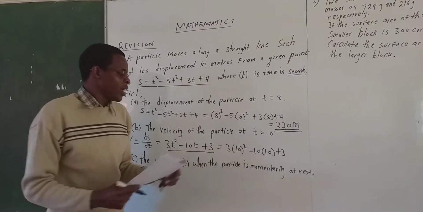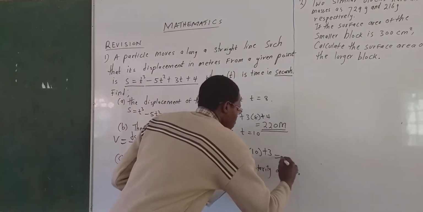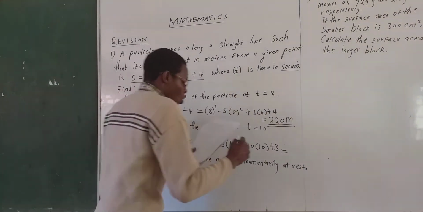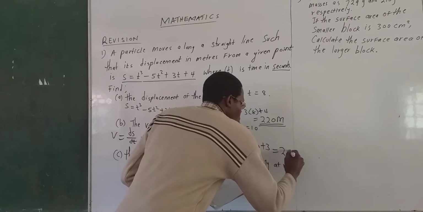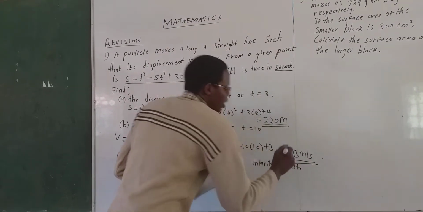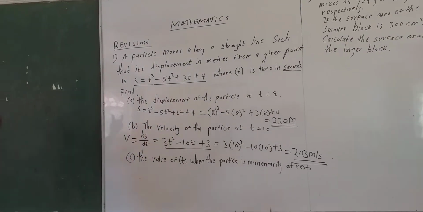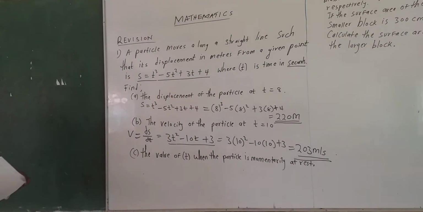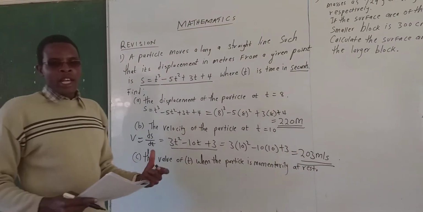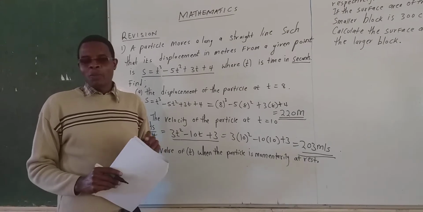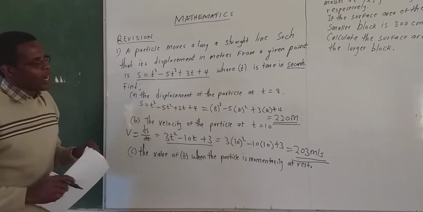That is what we have done here, which gives us a velocity of 203 meters per second. We say meters per second because we are talking about velocity, and when we talk about velocity, you have to give it in meters per second, or in kilometers per hour if you are allowed to do that.